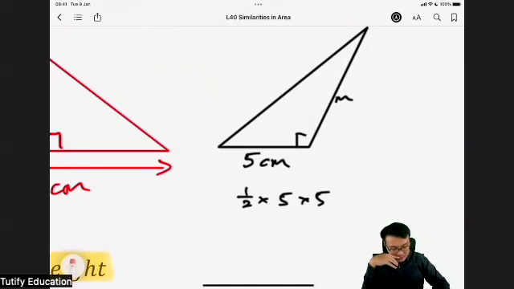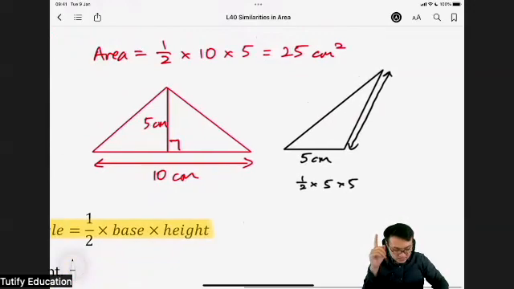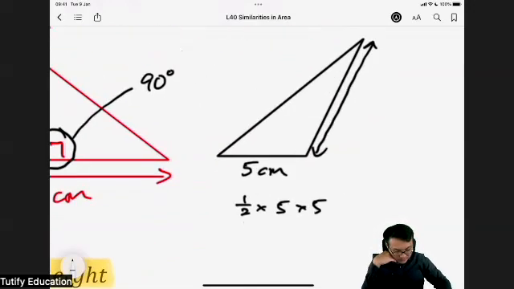So are you telling me that whatever I drew here is not the correct height? Correct. So this is the wrong height. Are you telling me that this is the correct height? Yes. Now what did I say about the height? What is this here? 90 degrees. Now, if this is the base, does this look like 90 degrees to you? Yes.